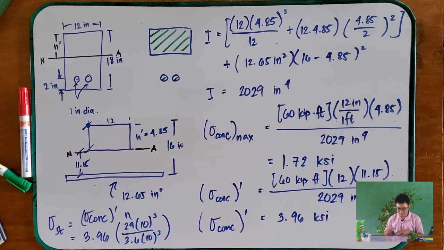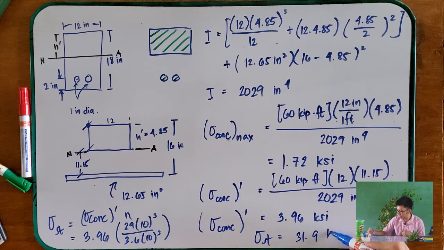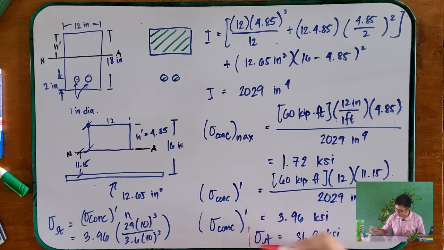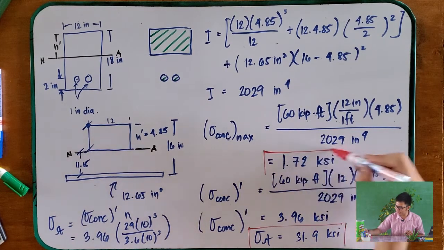And you will have a final answer for your steel of 31.9 KSI. So those are the final answers: the steel, and then the maximum in the concrete.